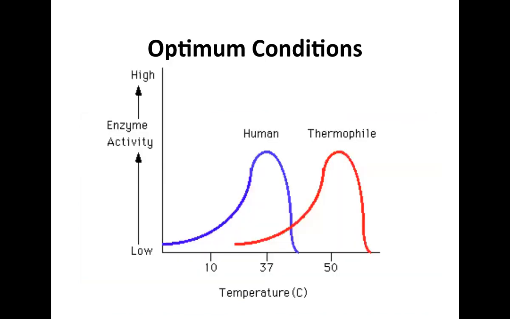Okay. Here's another one. Now, this one's not exact, so give me for a human. 36, 35, maybe. Okay, I'd say somewhere about there. Yep, 35, 36. And what about this guy? 51. A thermophile. About 50, 51. Okay, so give or take. If you're close, I would never mark it wrong. But you gotta get close.